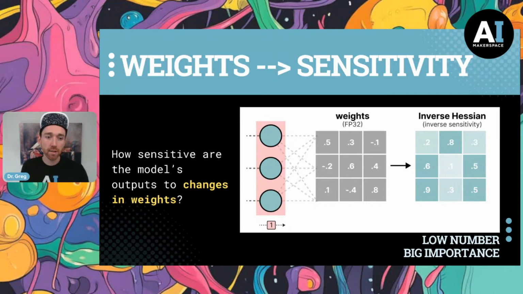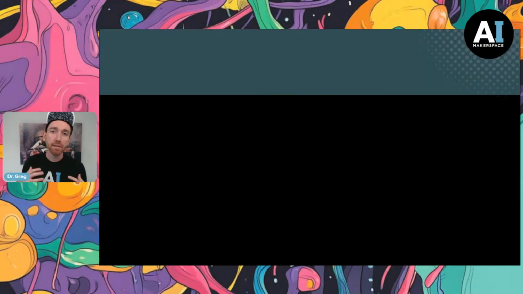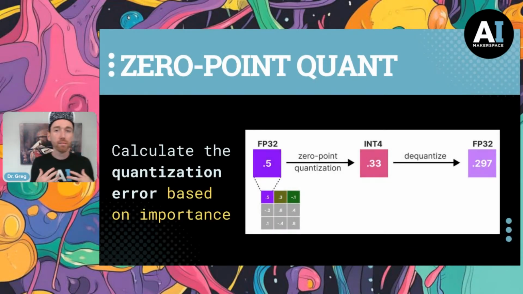Not two weights, that is an important point, but changes in weights. So essentially we're calculating the importance of each weight in the layer, the weight importance per layer. When we do this on a per layer basis, we can minimize the quantization error.